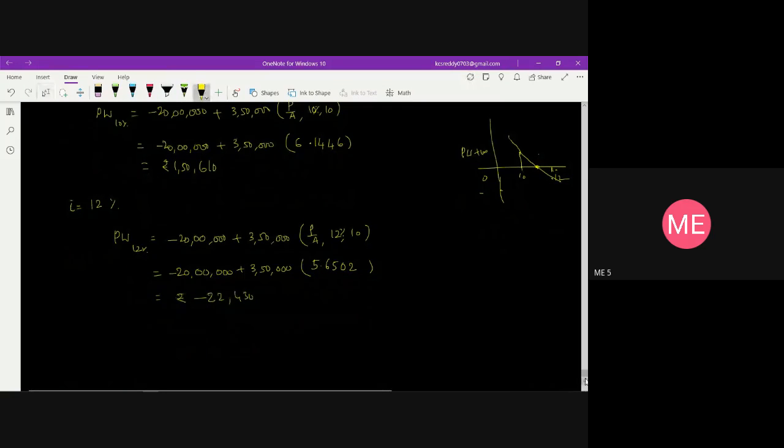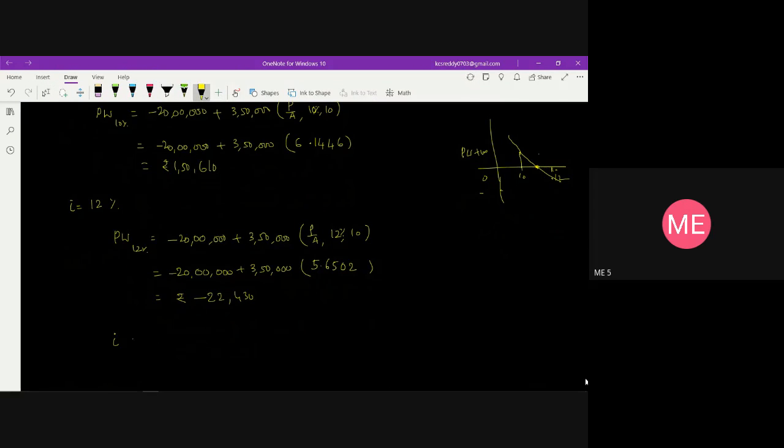For that, I write the equation: I is equal to... At 10%, which is in the beginning, we have 1,50,610. At 12%, we have minus 22,430. So in between we have some x%, where the present worth is going to be 0, and that is what we are going to find out.